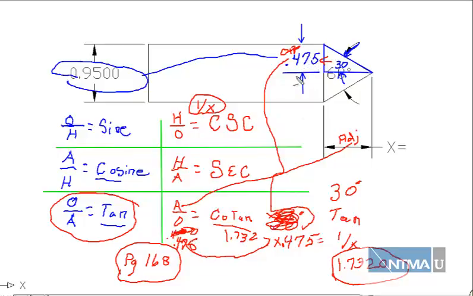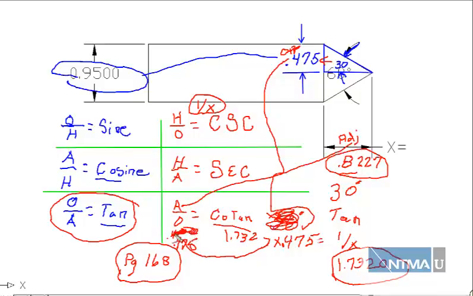It's 475 thousandths, okay? So 475 thousandths times 1.732 equals 822.7, okay? 475 times 1.732 equals 822.7, and that is that answer there.